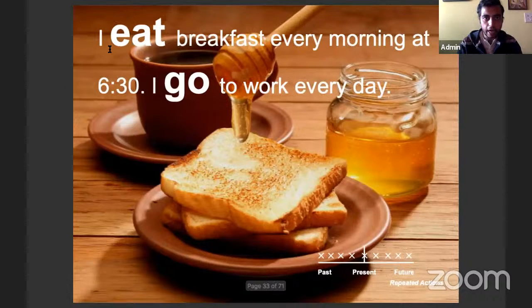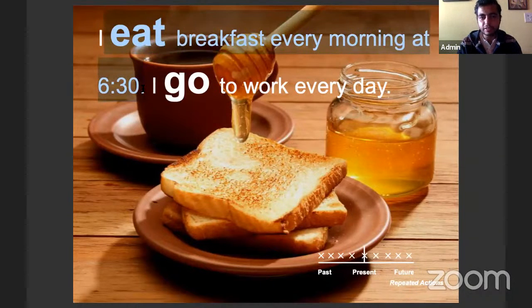So I eat breakfast every morning at 6:30. I go to work every day. It is regular. Eating breakfast at 6:30 for some people is regular. For some people eating breakfast at 2 p.m. is also regular. And for some people going to work every day is regular. It is very usual. So here simple present is used.